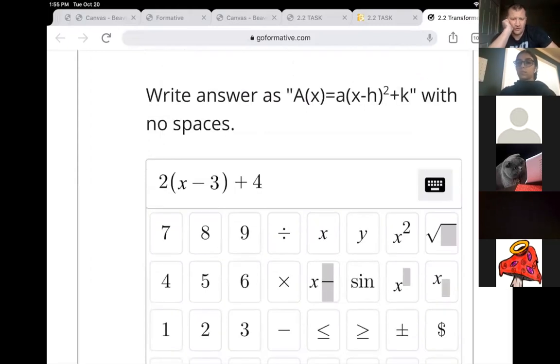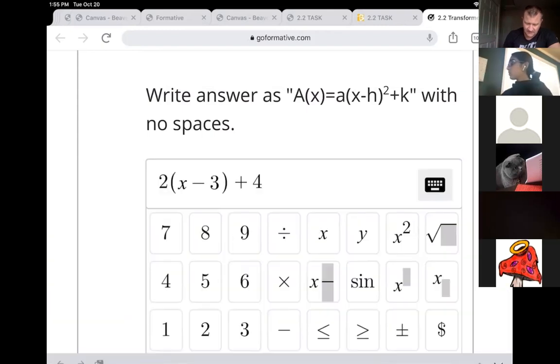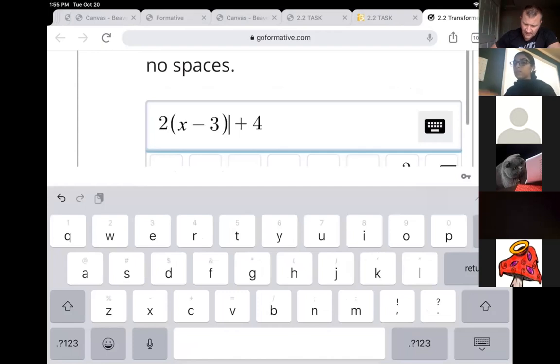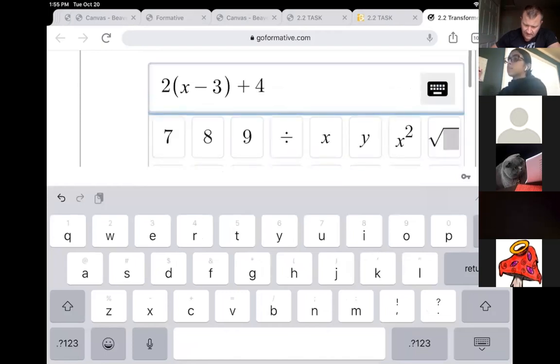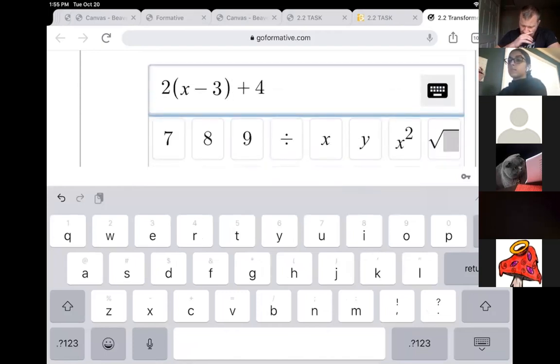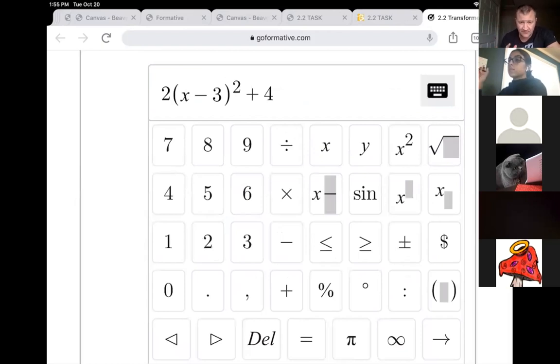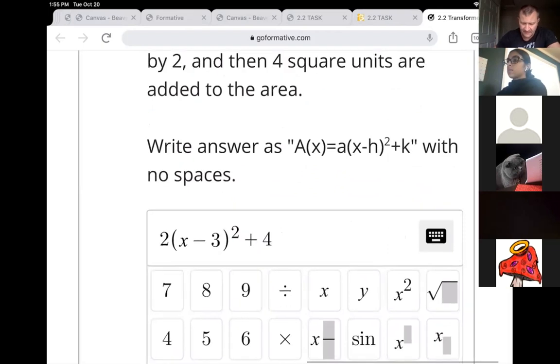Oh, you guys got them both. Joe said you're missing squared. If you graph this right here, it makes a line. Okay, again, we're not doing lines anymore. So this is squared on the outside. Nice. And then someone else wrote the other thing that was wrong is that they're telling us to call this A of X because it's area.